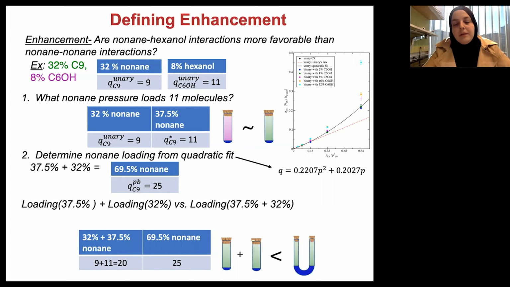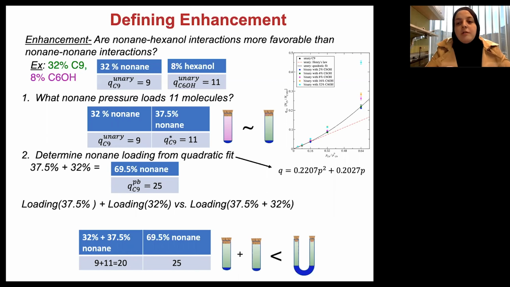So we began by doing this. We look at a specific system, 32% nonane and 8% hexanol. So we obtained first the number of solutes that were loaded in the unary system. So for nonane at 32%, it was 9 nonanes. For hexanol at 8%, it was 11 hexanols.